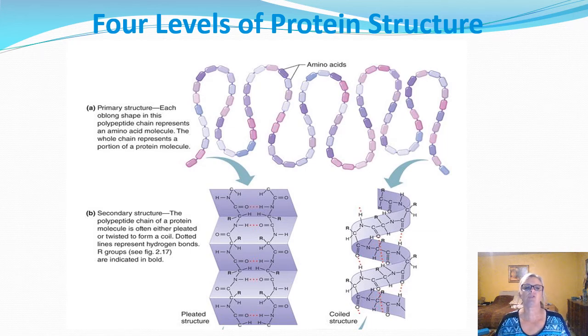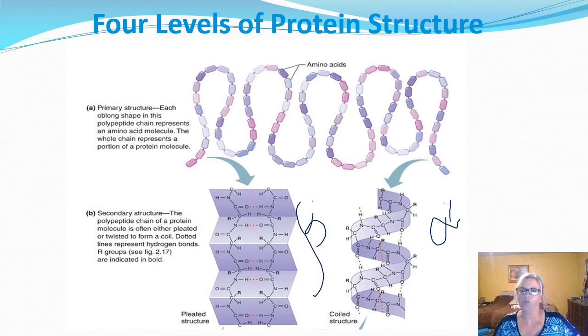The secondary structure of a protein or a polypeptide, many peptides, okay, is going to be an alpha helix or a beta pleated sheet, okay? And so this section here, this is the alpha helix, and this is the beta pleated sheet here on the left, okay?